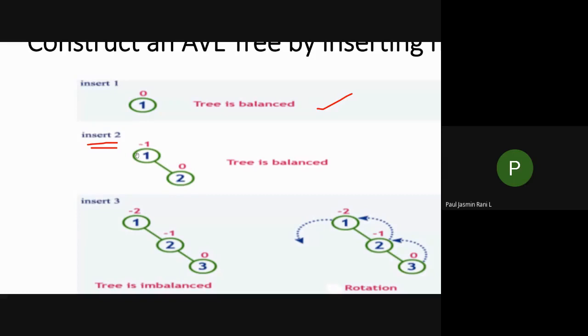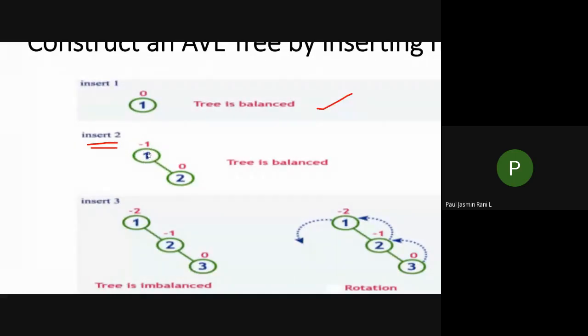After inserting, I have to see the balance factor. 2 is a leaf node, therefore it is marked as 0. Next, the balance factor of 1. How will you calculate it for the root node 1?